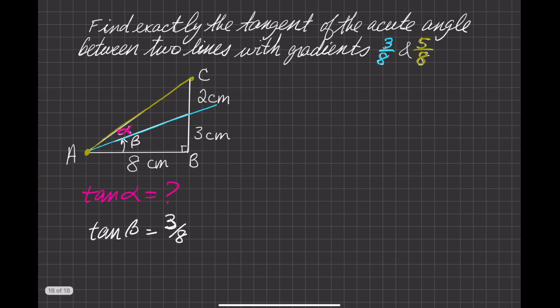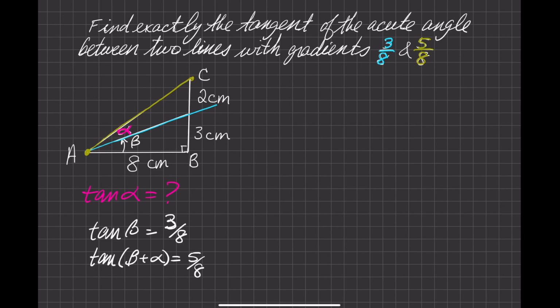So we have the tangent of beta plus alpha, since I wrote beta first, of 5/8. So we have the tangent of the two angles being added together, and one of these angles is equal to alpha.